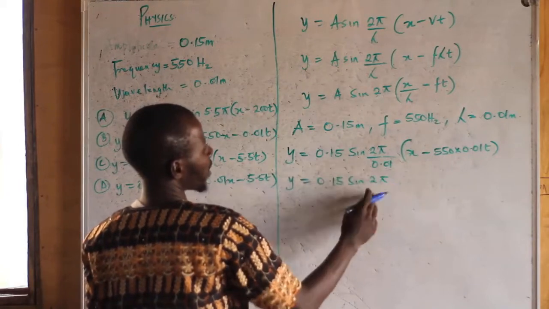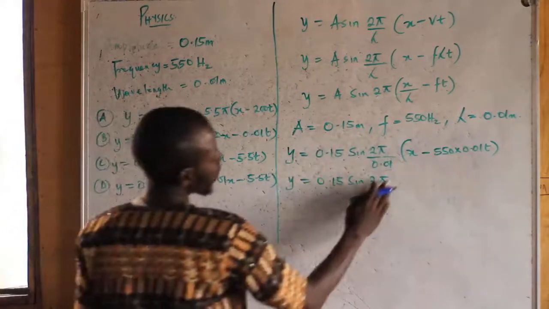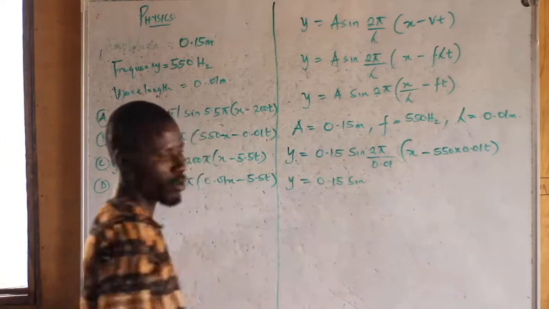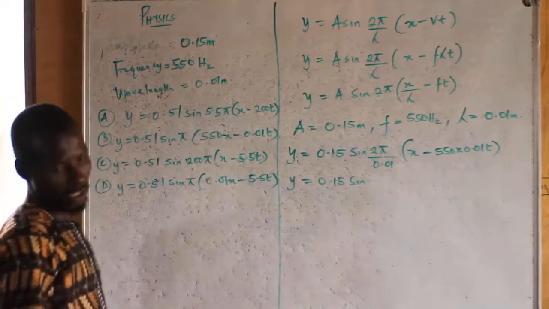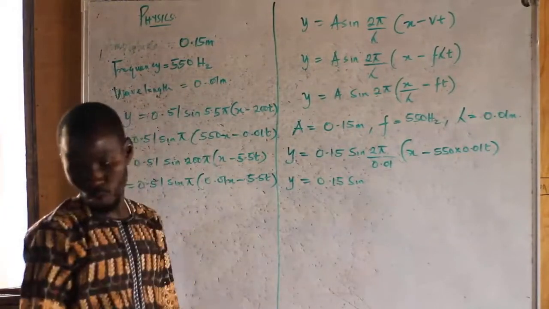This 2 pi, divide this one by this. What's it going to give? Only 2 divided by 0.01, which is 200.